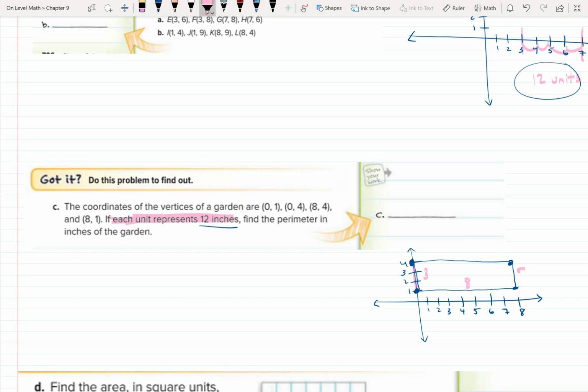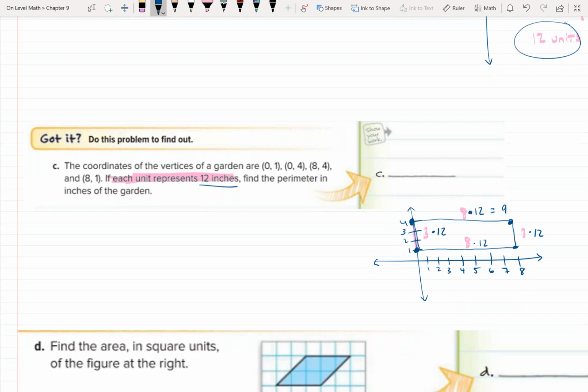So this side is 3, and this side is 8. But we need to multiply them by 12, because each unit is 12 inches. There are 8 units here, so 8 times 12, 3 times 12, 8 times 12, 3 times 12. Once we find that, then we're going to get our perimeter. So we've got 8 times 12 gives us 96.